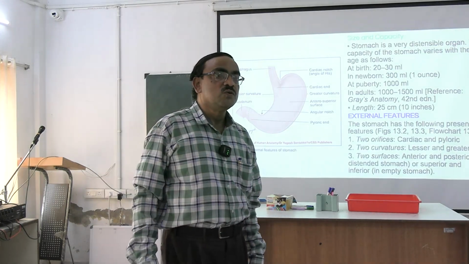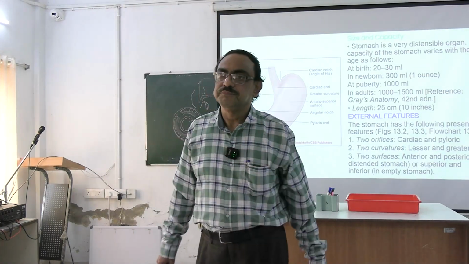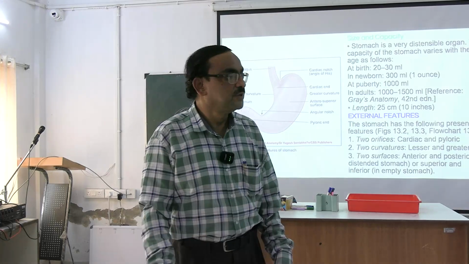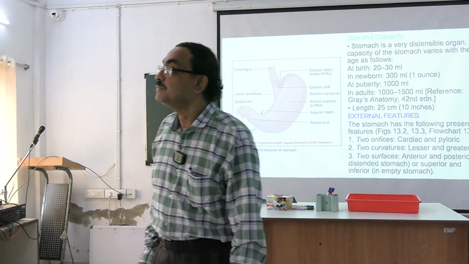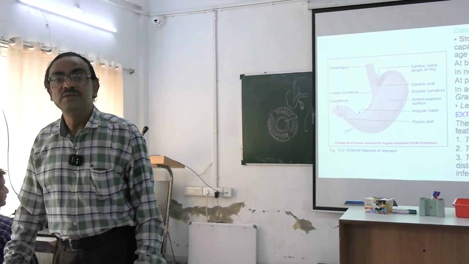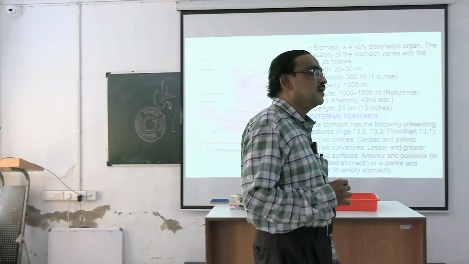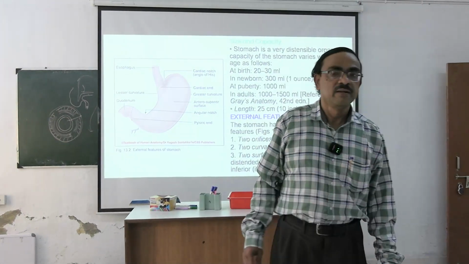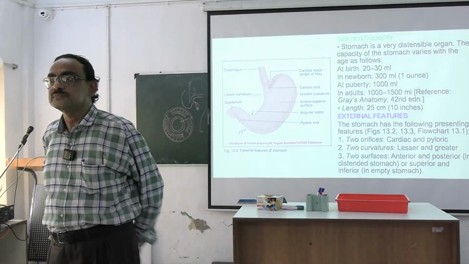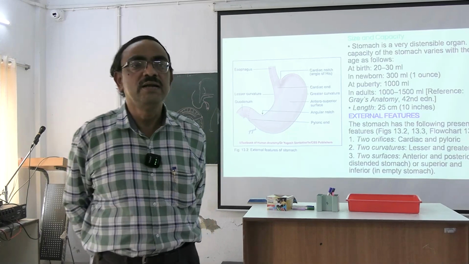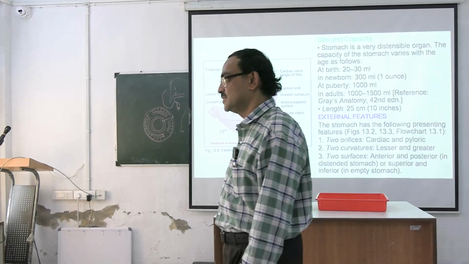Okay. So, during its journey, what is the volume of the stomach? It is only 50 ml in the case of a newborn child, and as we grow up, during the pubertal period, the volume becomes 1 liter, and in an adult it is 1.5 liters.